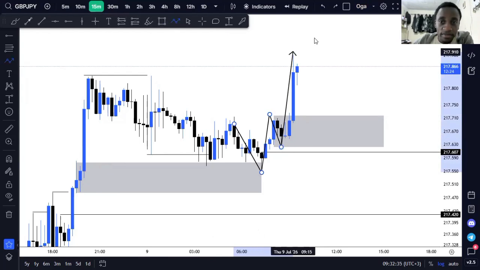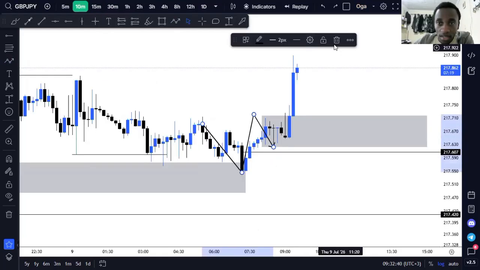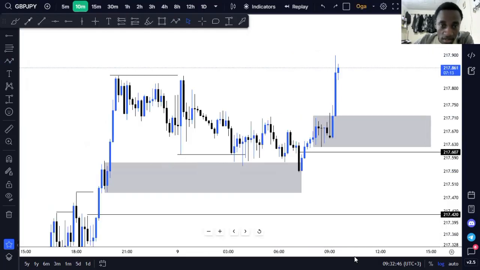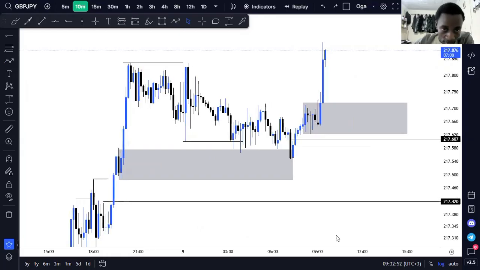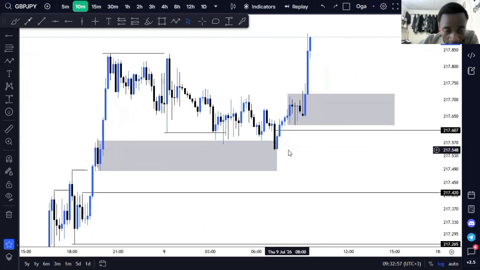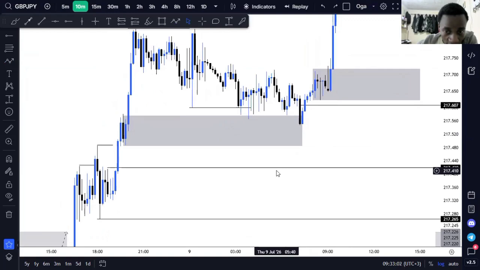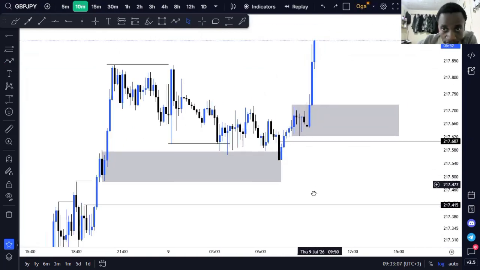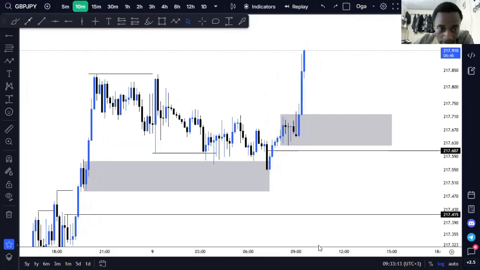Right now it's moving. So that's the same thing I waited for yesterday, and most of the time it's the exact thing I do. So let's see, maybe if it's gonna come back later, well and good. If it doesn't, we should just see whatever it does and then react from there.